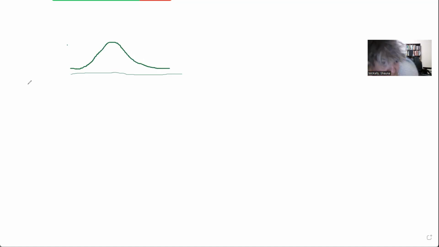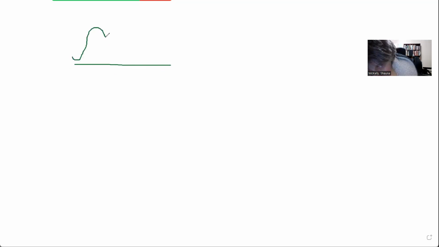That looks more normal. Let me erase that, try one more time. So here, let's try this. We're going to go here, go up, make a curve, and then drop way, way, way down. Something like that. I mean, that's really skewed, but you get the idea.